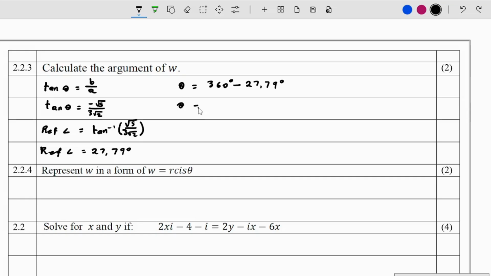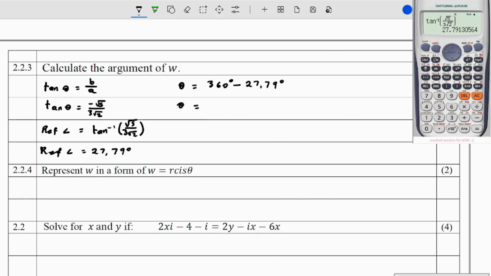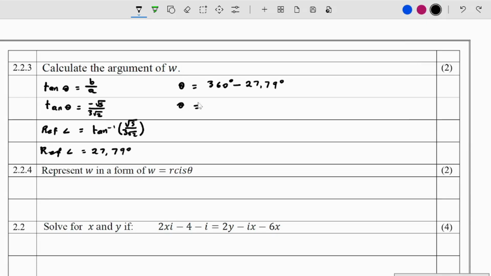Go to your calculator, say 360 degrees minus 27,79, and then you get 332,21 degrees, and that is our angle there. We are using 360 degrees because we are in the fourth quadrant.